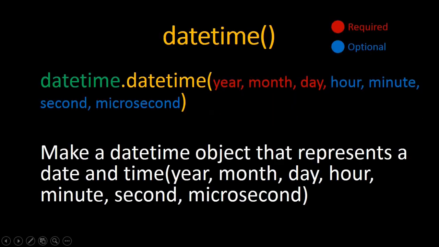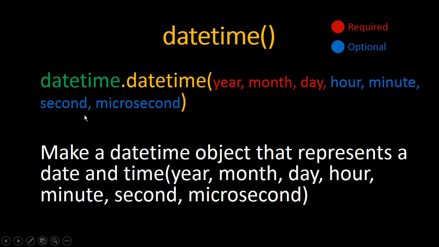For that we have 3 main ways. The main way, as you can see, it's just datetime, the object name, open and close parentheses, and you have here the year, the month, and the day are required, as we saw in the date object.